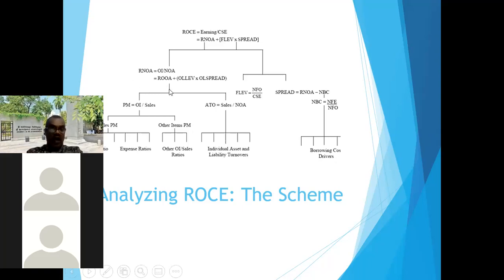Then we further go down to analyze return on operating assets. We did this analysis earlier by taking the total assets, not operating assets. Here, with the decomposed reformatted financial statements, we do that analysis with operating assets.